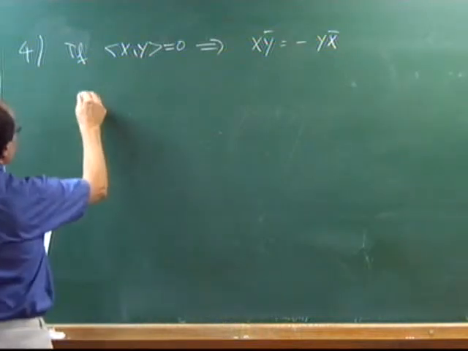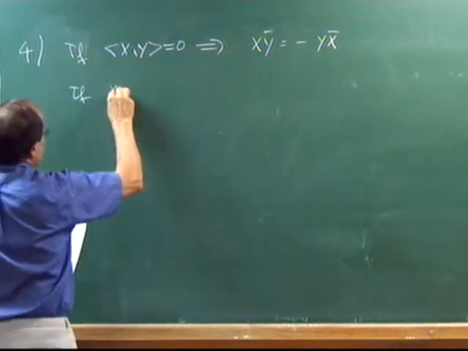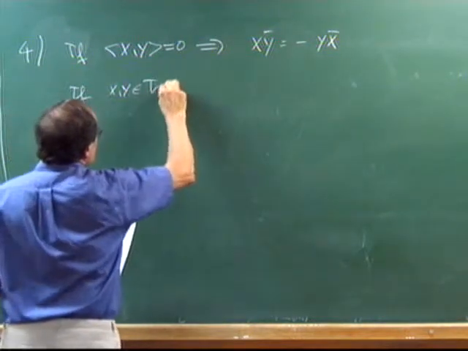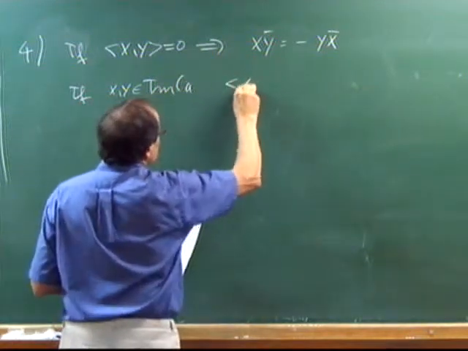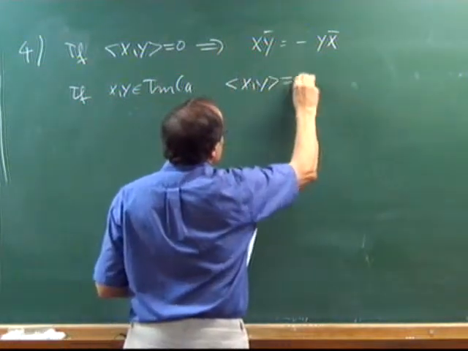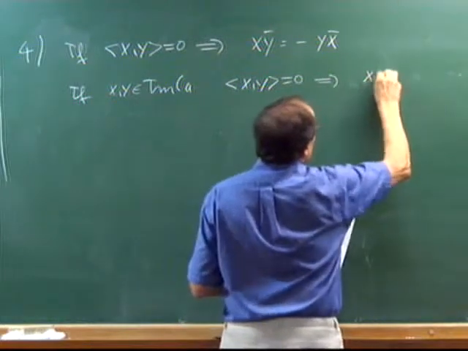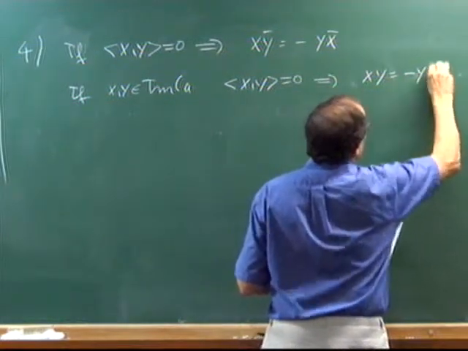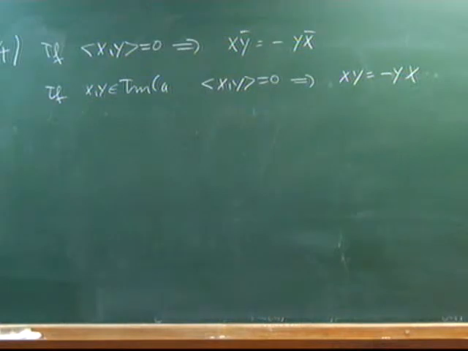In particular, if x and y are imaginary Arcadian numbers which are orthogonal, this implies that they anti-commute. So orthogonal imaginary Arcadian numbers anti-commute, just like ij or ik and so on. Right? This is an easy consequence of the definition of the inner product.